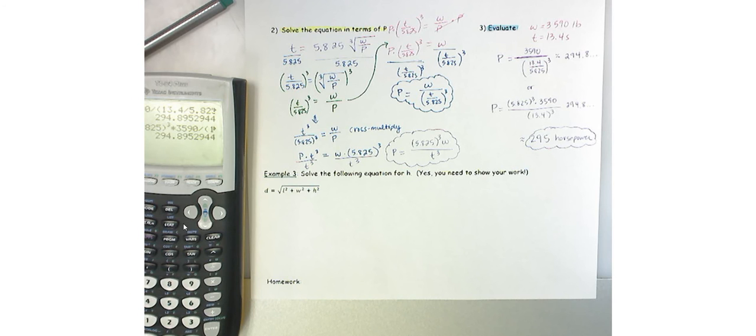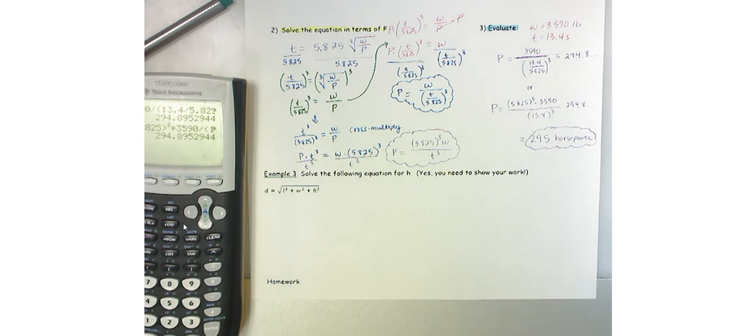When you are dealing with the square root, and these are added underneath, some of you think that it's equivalent to L plus W plus H. Let's prove that it doesn't work.